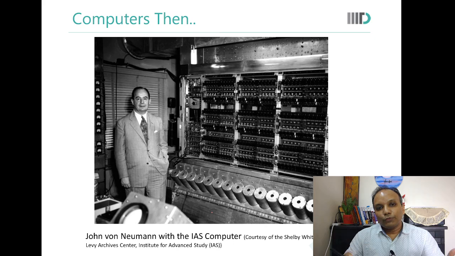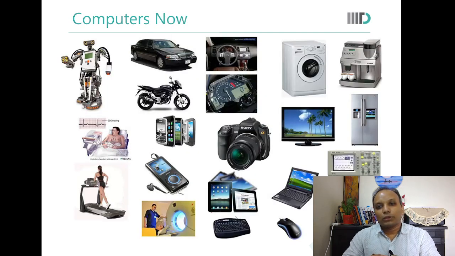But now moving forward, this was around the early 50s, 1950. Now, if you look at the computers which are all around us, you will see that the computers look very different.